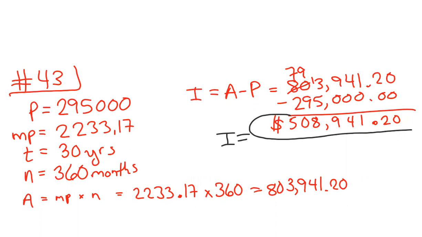Number 27 for you is number 47 in the book, right? So number 47 in your book is, suppose that an insurance agent offers you a policy that will provide you with a yearly income of 40,000 in 30 years.